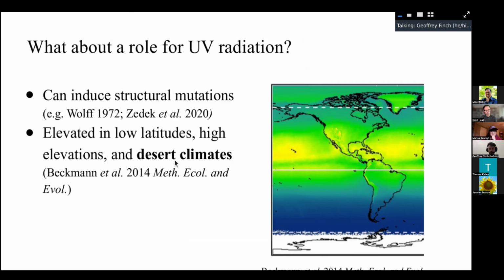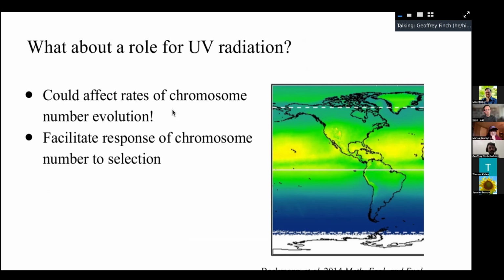So the idea is that maybe the habitat's increased exposure to UV radiation is resulting in an increase in rates of chromosome number evolution, like that accelerated descending dysploidy that I showed. And this could then facilitate a response of chromosome number to selection, right? Because if low numbers are favored, the species still need a way to respond to that selection.